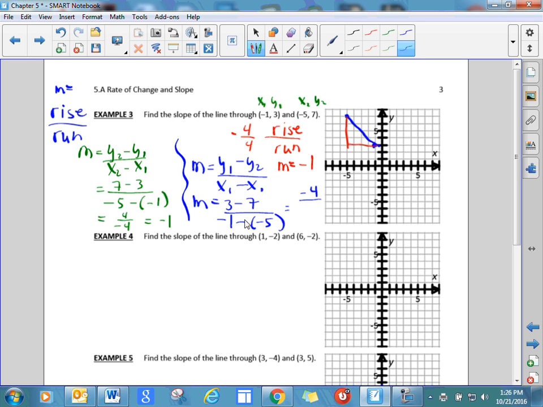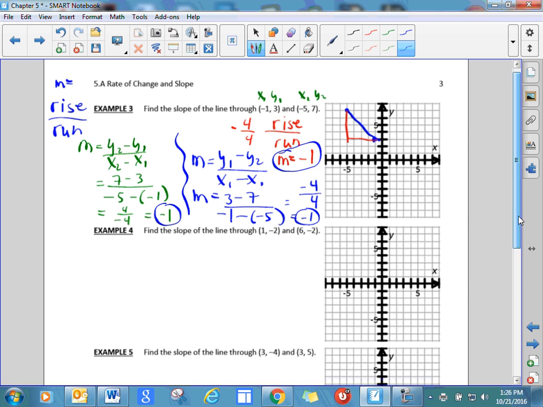Negative 1 plus 5 is positive 4. So your slope is negative 1, and visually from the graph, negative 1. So we've just about proved this every way we can possibly prove it.